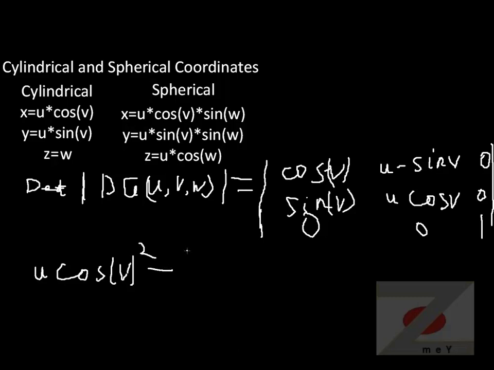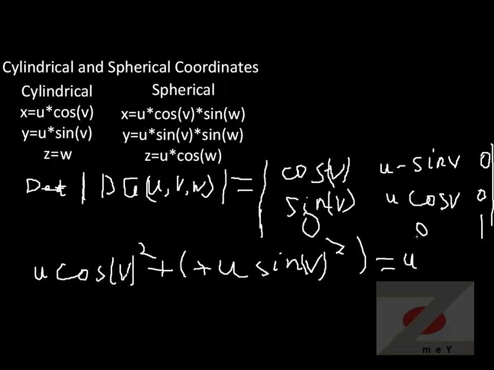plus, actually minus, negative u sine v squared. As you can see, we can just factor out u, the negative signs cancel, and all we get is u times (sine squared plus cosine squared), which is 1, which means this whole thing just equals u.